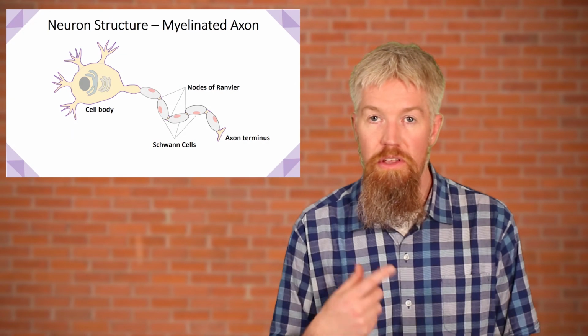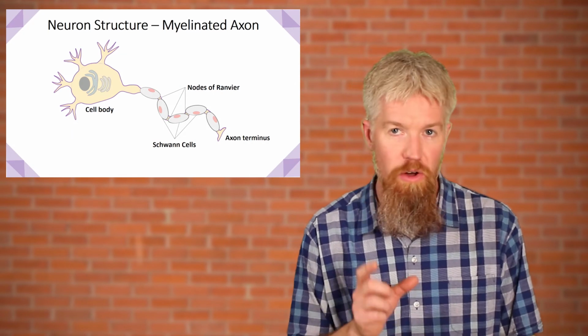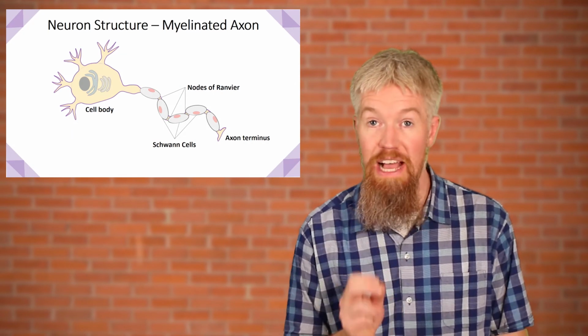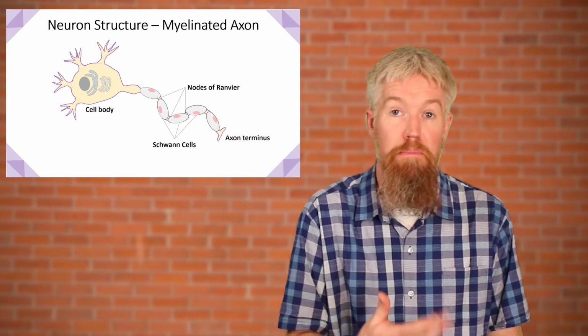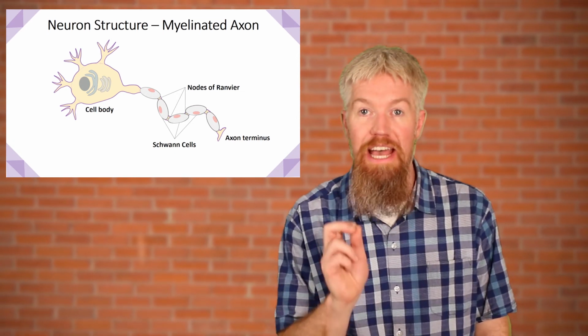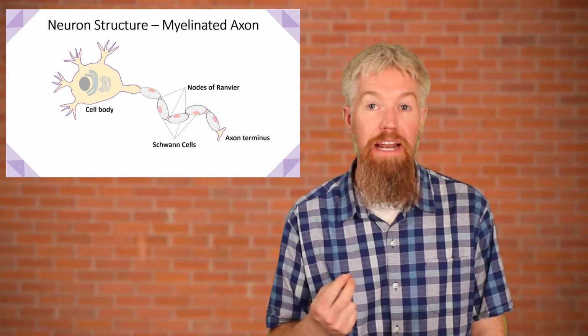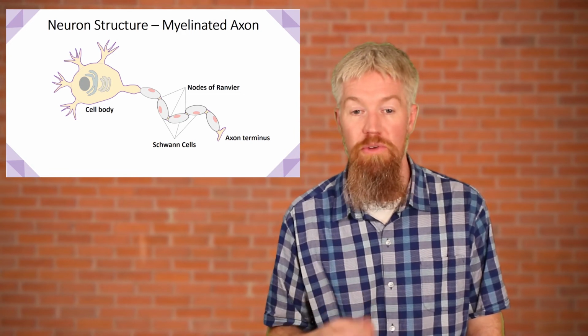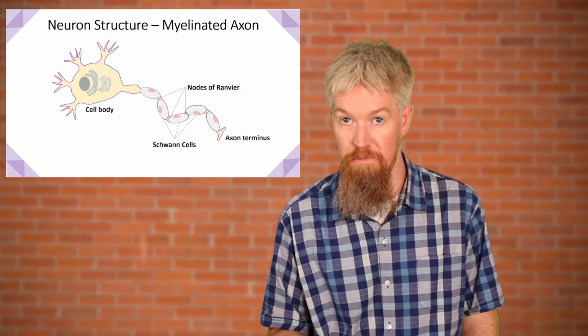That myelin actually shuts down action potentials in any part of the axon which is layered on. As a result, the axon can only actually go through and do an action potential in the locations where the myelin is not found. These portions of the axon in which the myelin is not found are referred to as the nodes of Ranvier.